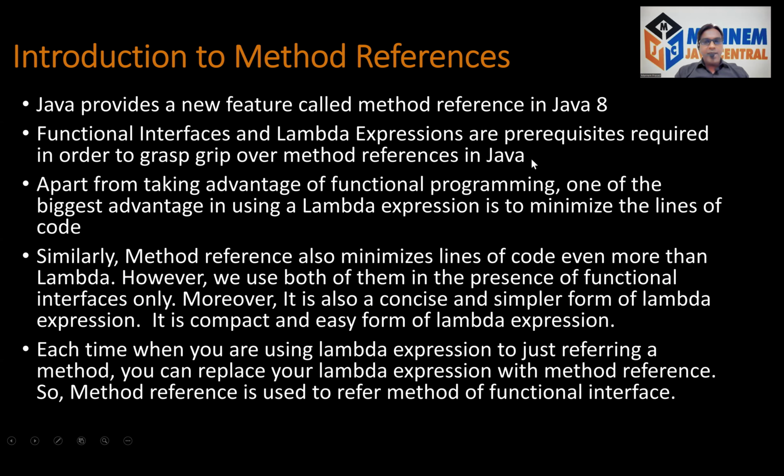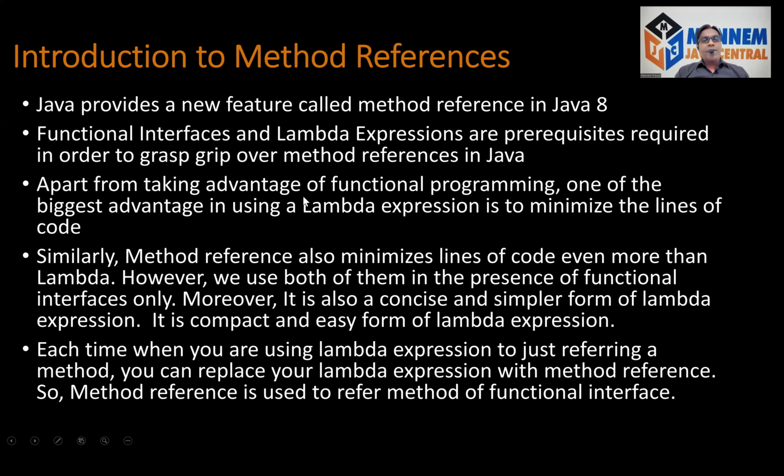Frankly speaking, method references are an extension to functional interfaces and Lambda expressions. So in order to become an expert in writing method references, first you need to know how to write functional interfaces and Lambda expression implementations. Without knowing them, you are unable to write method references in Java.